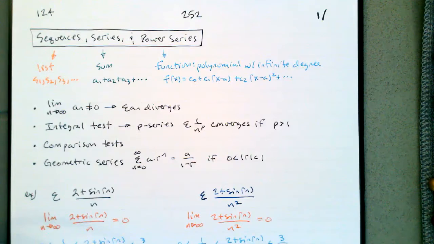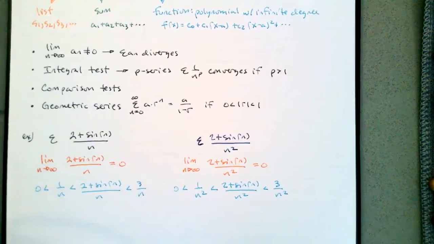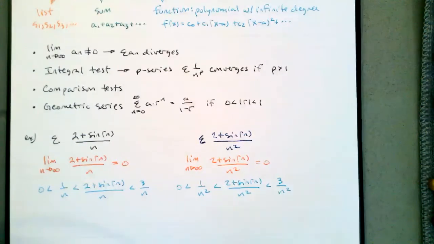So to that end, we were having a discussion yesterday between these two series that were similar. I had this numerator that was 2 plus sine n. Then in the first example, I went over n, and in the second example, I went over n squared.